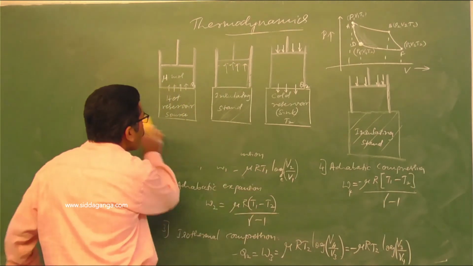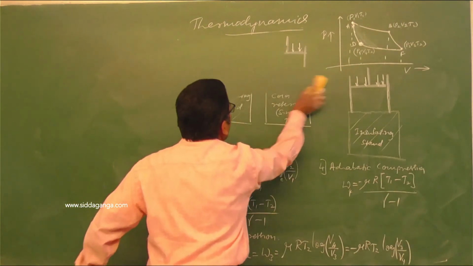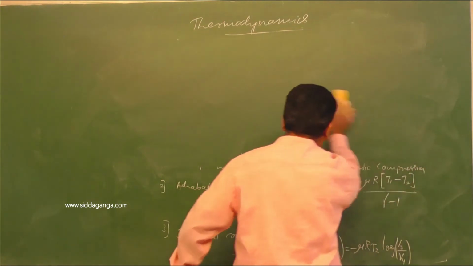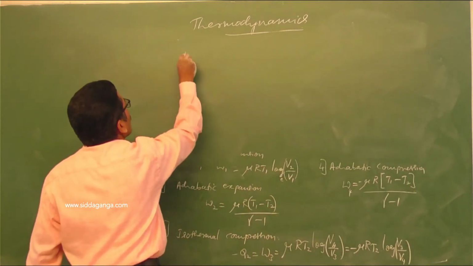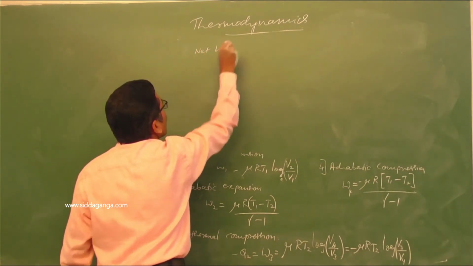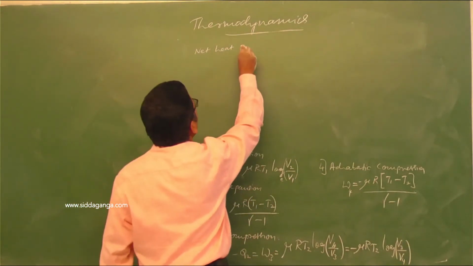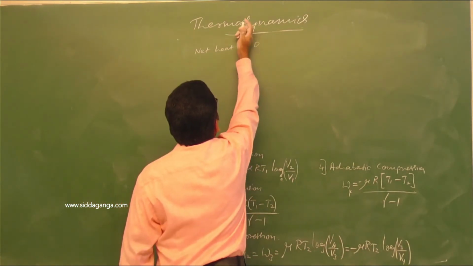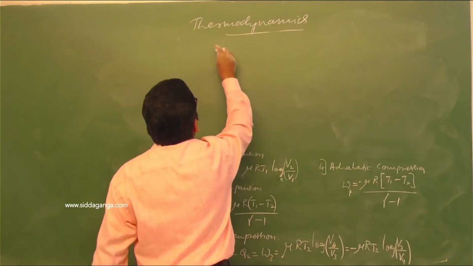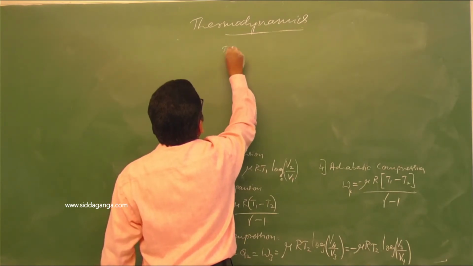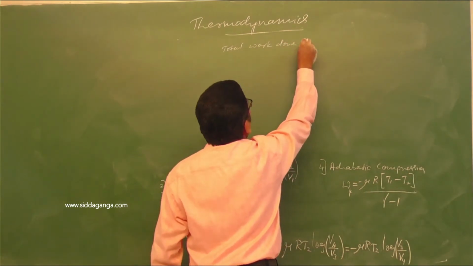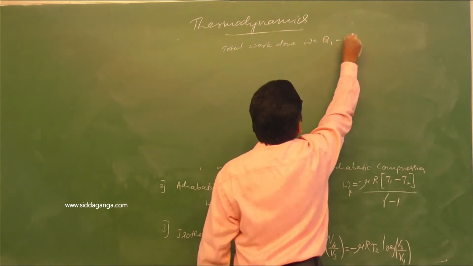So when you take the total work done, net heat is equal to total work done: W is equal to Q1 minus Q2.